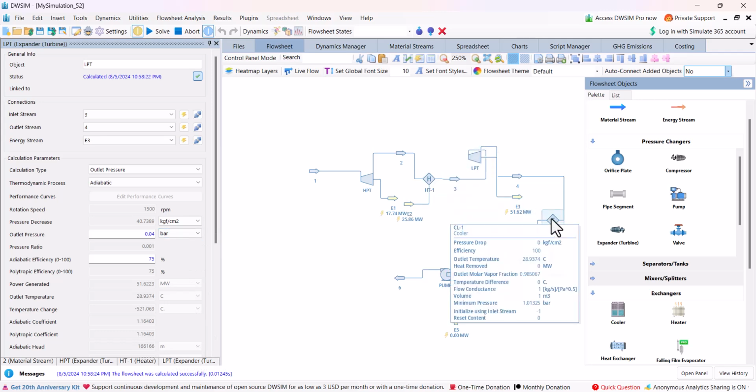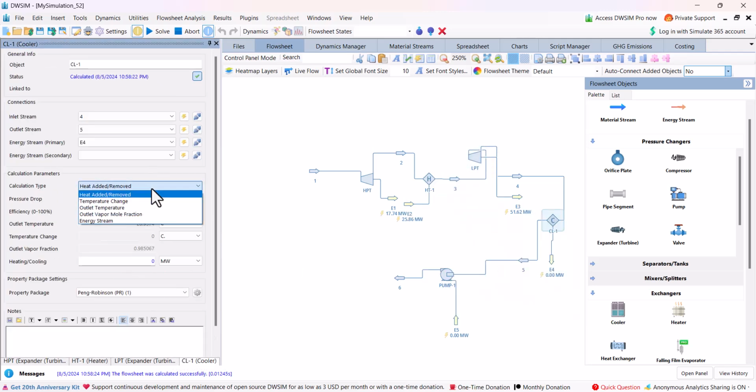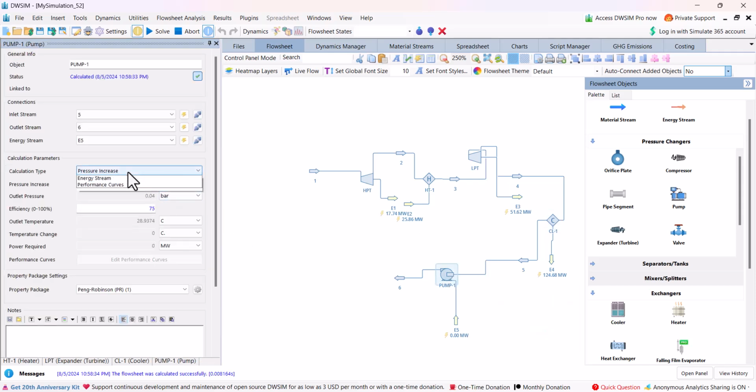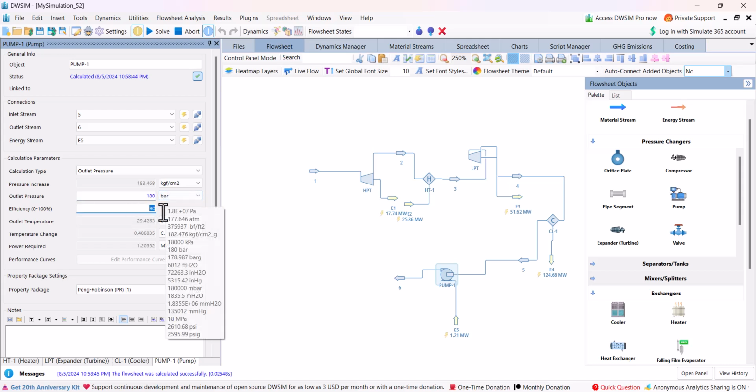And in the condenser, we will change it to outlet vapor mole fraction, since we are condensing everything, so it will be 0. And then in the pump, we will have an outlet pressure of again 180 bar and will take an efficiency of 90%.